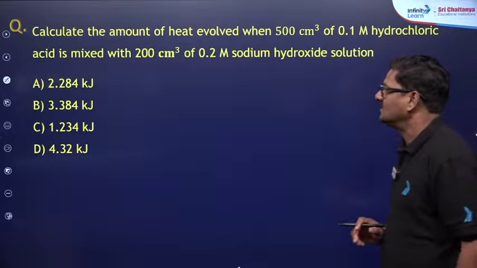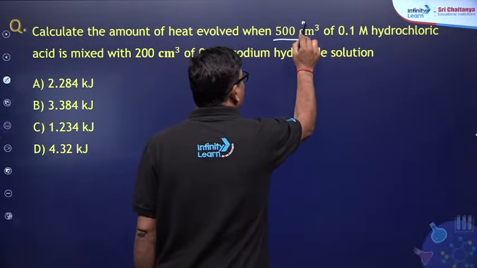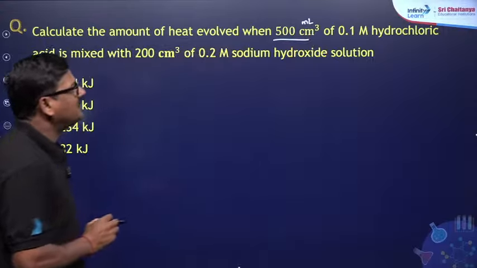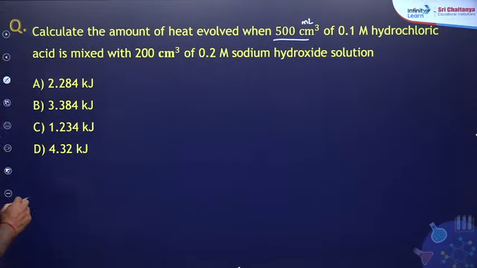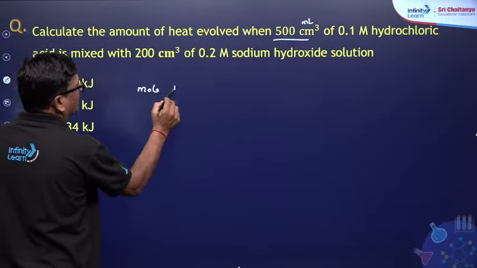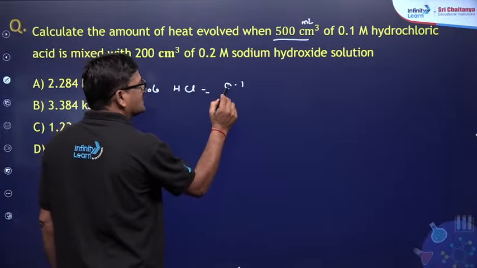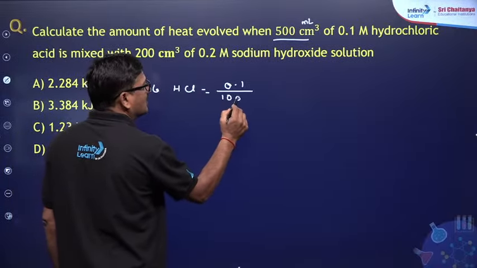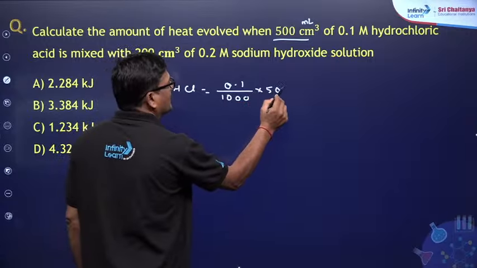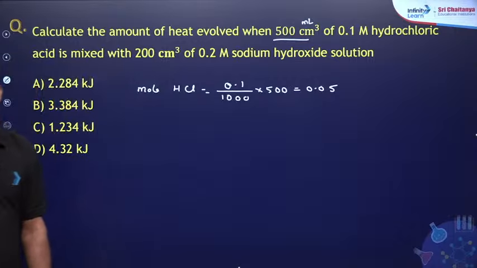Here I want to say, calculate the amount of heat evolved when 500 cm cube, means milliliter, beta. So number of moles of hydrochloric acid is going to be 0.1 upon 1000 into 500, which is 0.05, right?